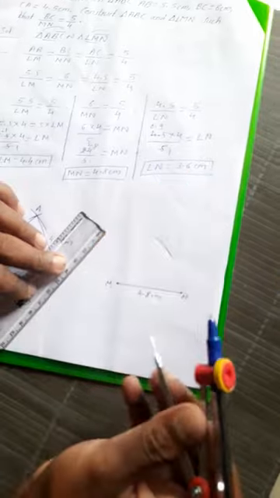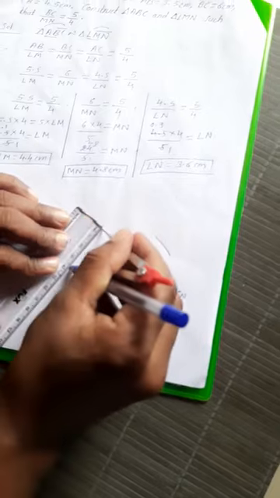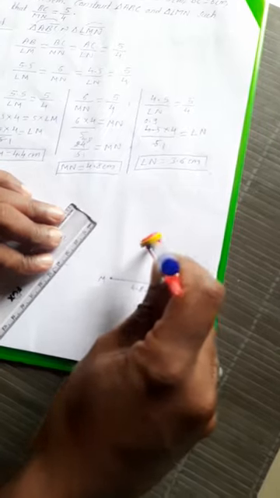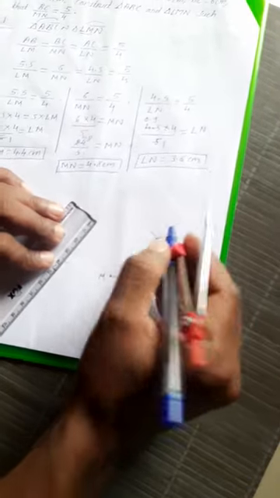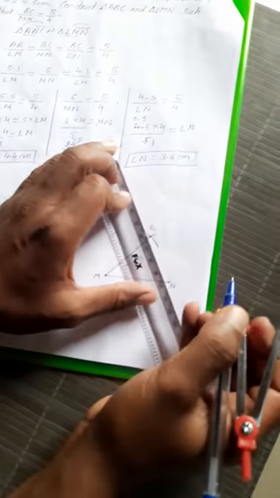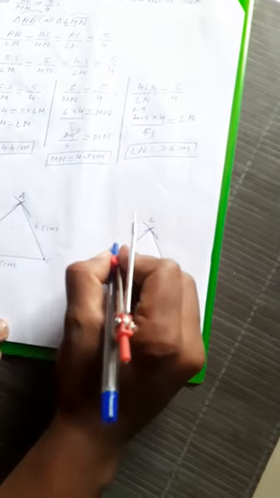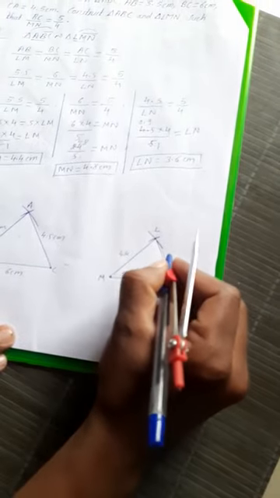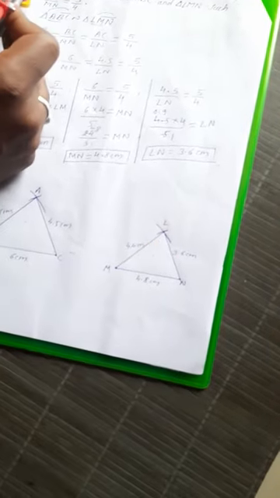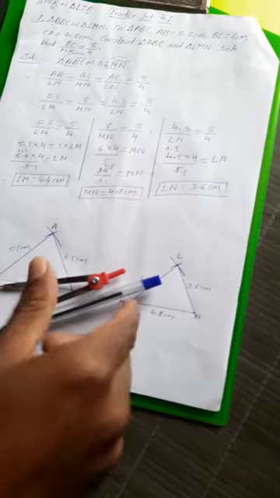Now which side remains? That is LN, which is 3.6. From N we will take 3.6, and this is your point L. Now join LM and LN. So this is 4.4 centimeter and this is 3.6 centimeter. When there are different vertices, you will get two different triangles. So this is the first construction.